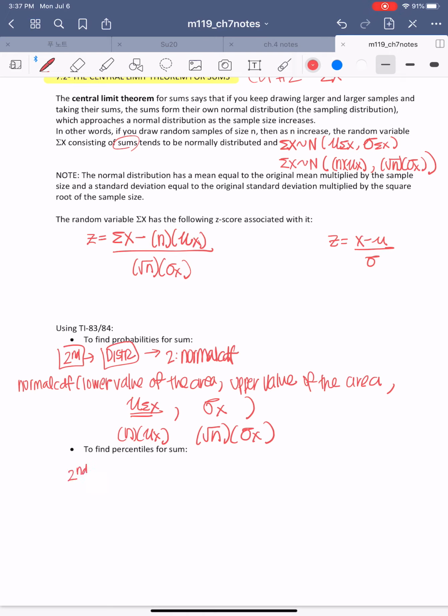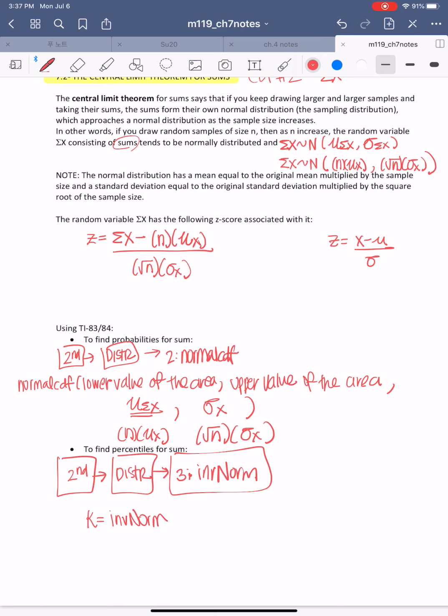Percentile will be inverse norm, number 3. K equals inverse norm: area to the left, then the mean, which is n times mu of x, and then the standard deviation, the square root of n times sigma of x.